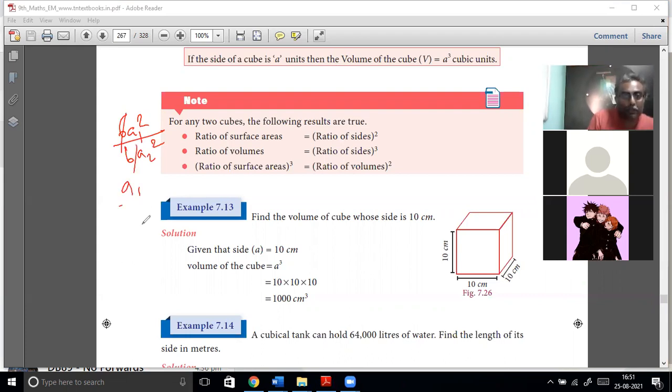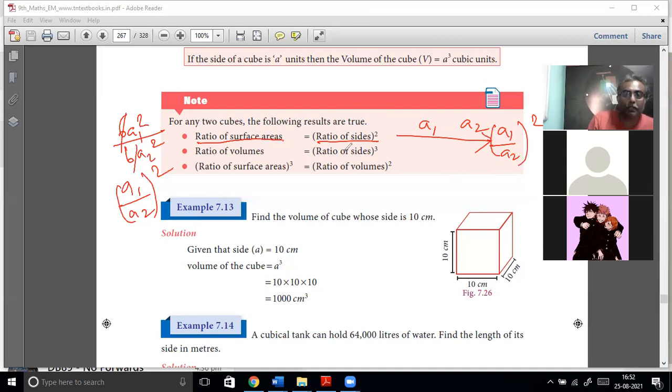A1 by A2, the whole squared. Side is A1, another side of another cube is A2. Then the square of the ratio of the sides is the ratio of the surface areas. You understand? Because it is A1 by A2 the whole squared.